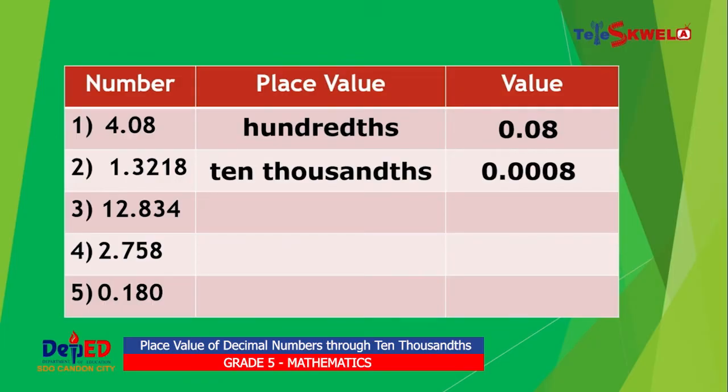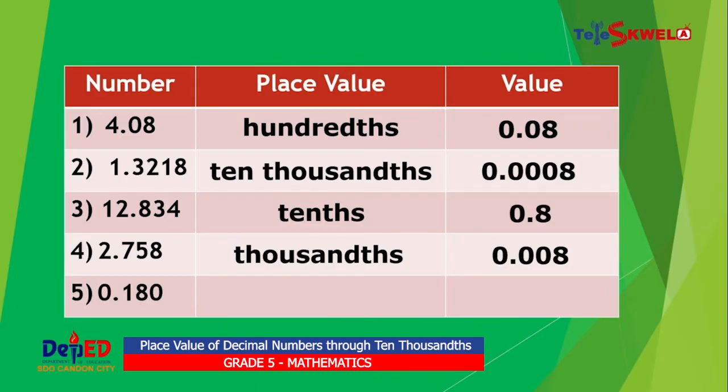In 12 and 134 thousandths, the place value of 8 is tenths, and its value is 0.8 in figures or 8 tenths in words. In 2 and 758 thousandths, the place value of 8 is thousandths, and its value is 0.008 in figures and 8 thousandths in words.